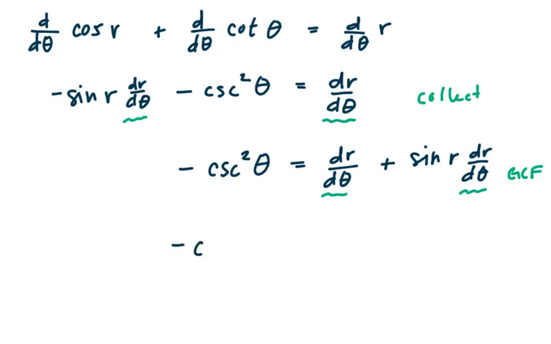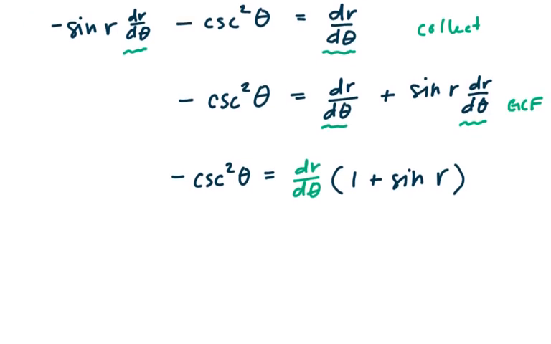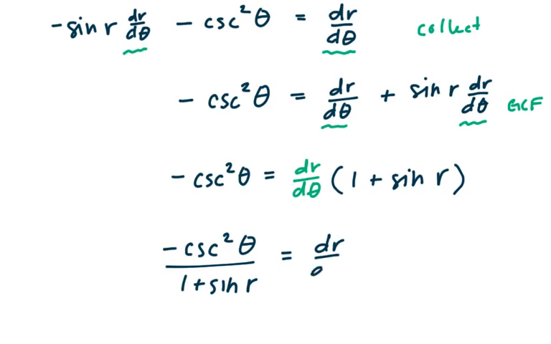So I've got negative cosecant squared theta equals dr d theta, I've factored it out, and what I'm left with is 1 plus sine r. So what I end up with is negative cosecant squared theta over 1 plus sine r is equal to dr d theta.